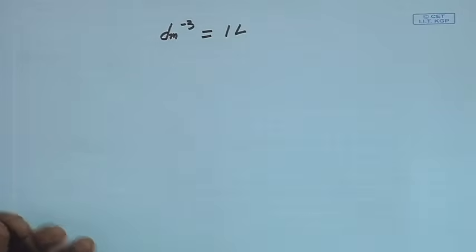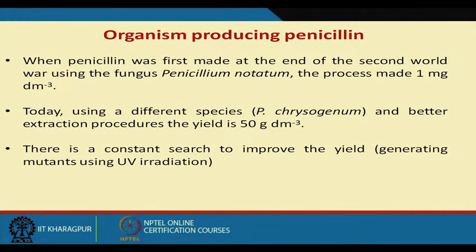So 1 milligram per liter was the initial concentration of penicillin that we first found in the fermentation broth. Today you will be surprised to know that by using different species with some genetic modification and better extraction procedures, it is possible to increase the penicillin concentration as high as 50 grams per liter.